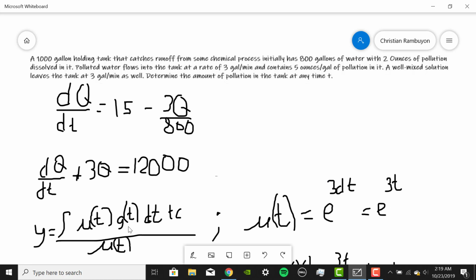How about this g of t? Where do we get this g of t from? This g of t comes from the 12,000, which is on the other side of the equation. Now, after we have identified the mu of t and the g of t, we will place them in the equation.